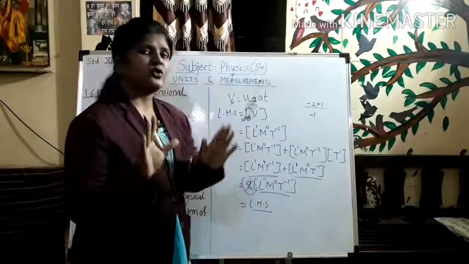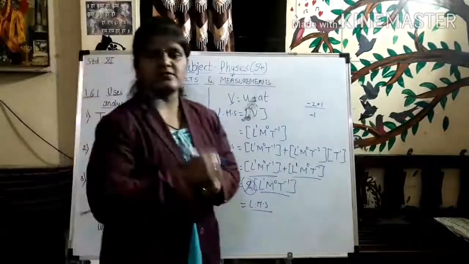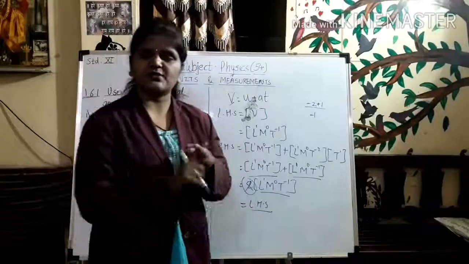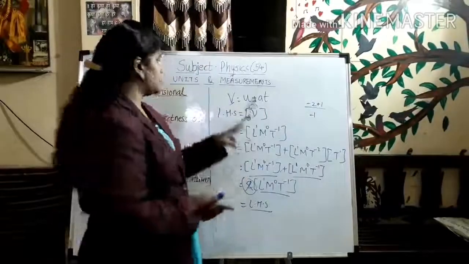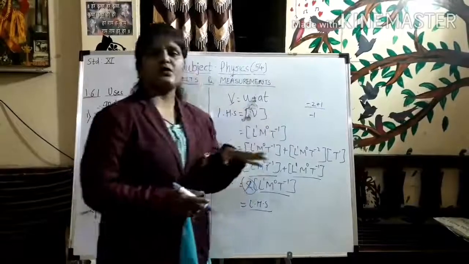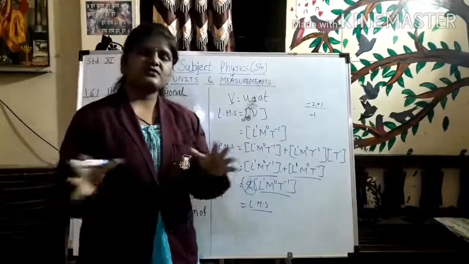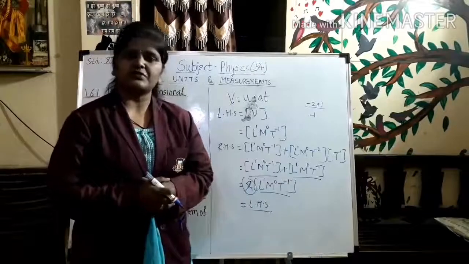I hope you have got the first use. We have taken two examples. First one is very basic, which is F is equal to Ma. The second example is of kinematic equation of velocity, which is V is equal to U plus AT. By solving this, we got both the equations were dimensionally correct.